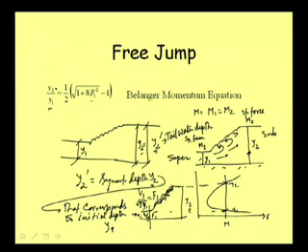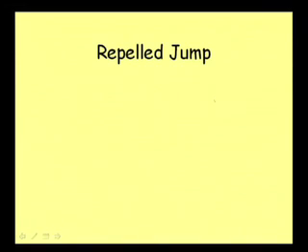Well, then what are the other types of jump? Once the free jump concept is clear, then let us see, if it is not a free jump, then what it can be. One case is the repelled jump. Well, what is a repelled jump? Say, for that we will have to draw again the specific force diagram.